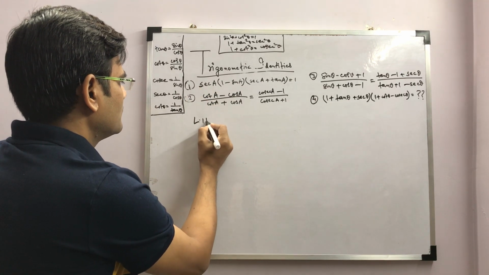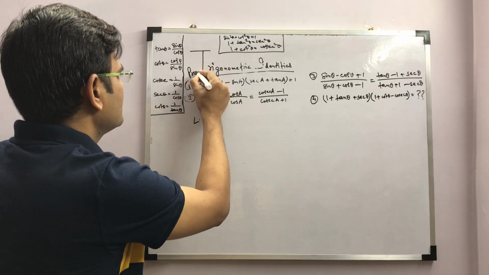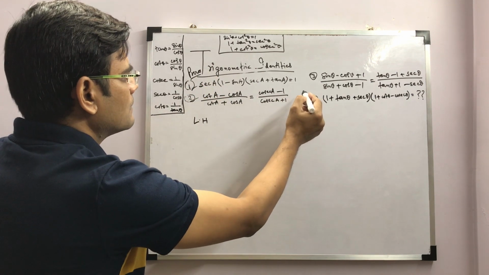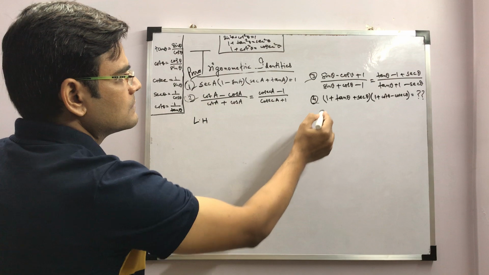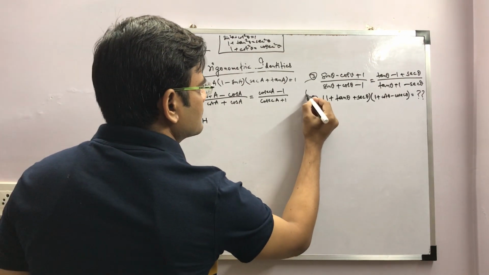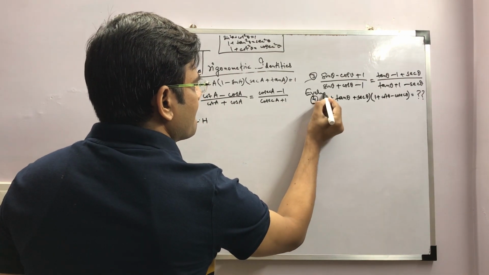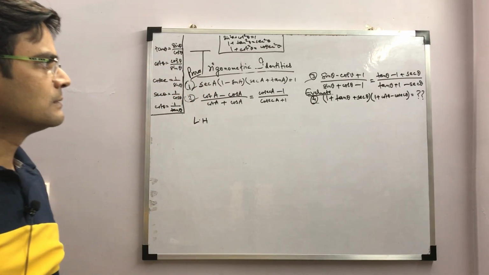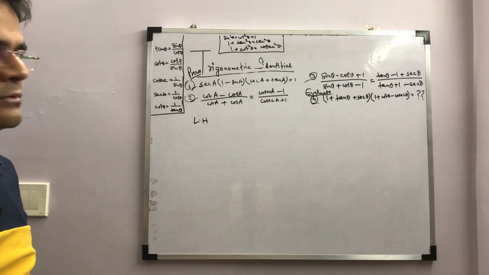You always have to prove that left hand side equals right hand side. These first three are proofs, and this one is asking to evaluate. This is all from your NCERT books, and you'll find it in other books too.